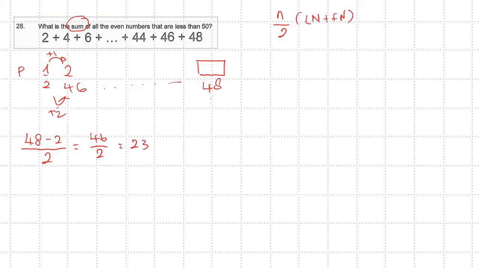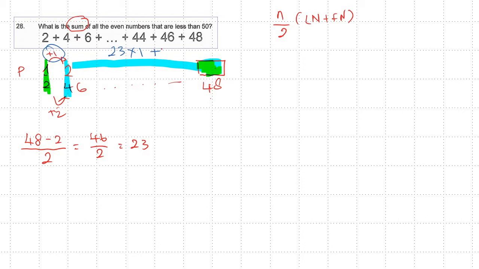Which means starting here until this point, there are actually 23 columns. So there are 23 columns. But then what is the number here? The number here is 23 times 1, because every time it jumps by 1. Add back, because now I want the starting number to be 1.